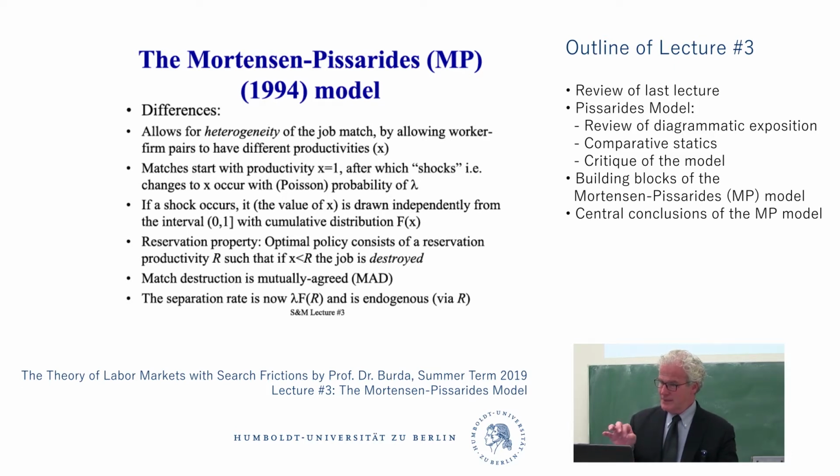So the model is basically treating workers in the match in a very special way. It's trying to capture a few aspects, but it can't capture everything. So if you believe in human capital, if you think human capital matters, then you would think that over time your human capital makes you more and more valuable to the firm, and that would raise your productivity and also lower the threshold of a new productivity draw that would make the firm interested in getting rid of you or you getting interested in leaving the firm.